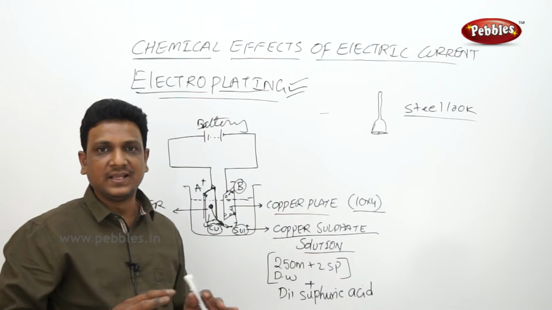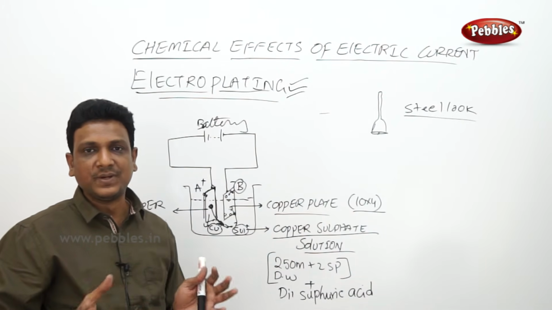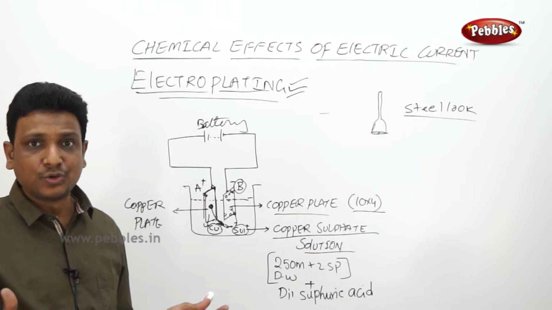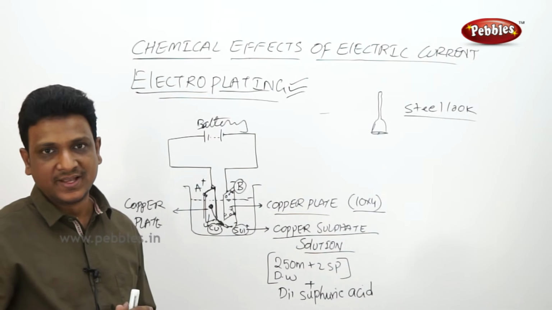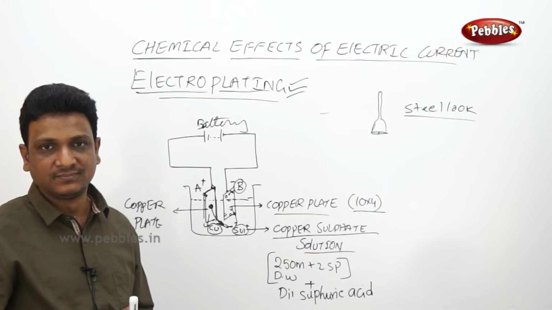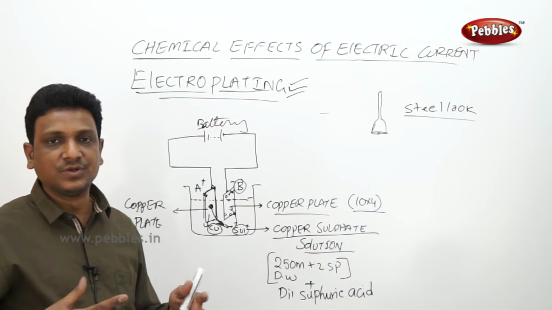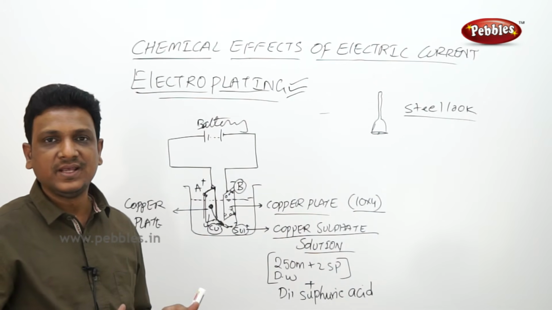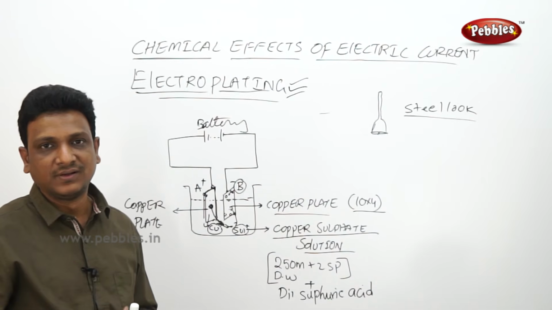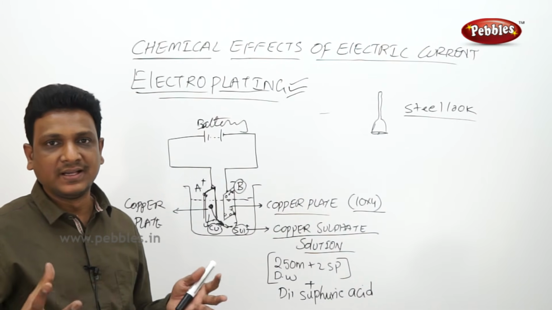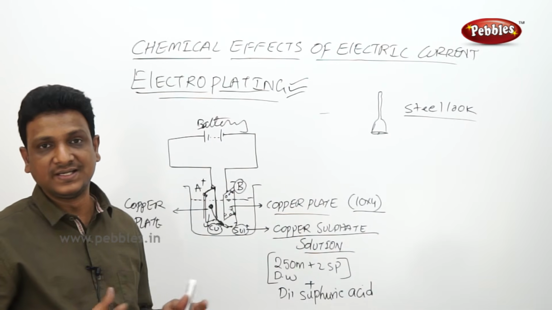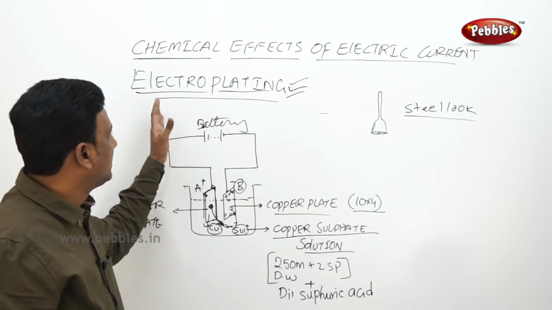For example, any steel like electroplated mudguard, electroplated cycle parts, they will have the shine for some time. If they are taken to salt water, if they are exposed to certain chemicals, slowly the coating will fade off, or the coating will wear off, and the bottom original iron part will be exposed, or it gets rusted. So that is electroplating.